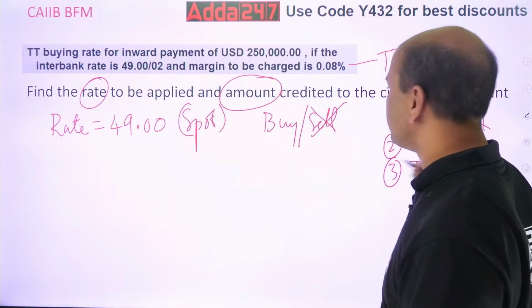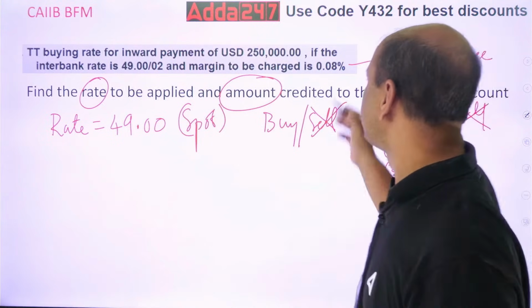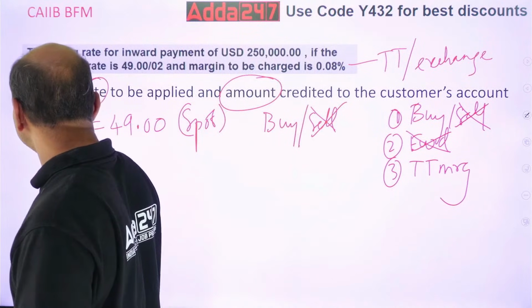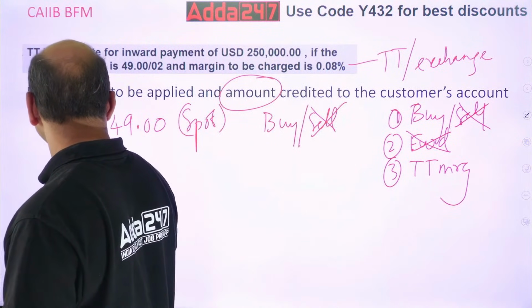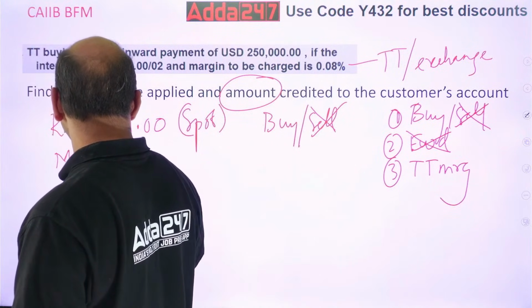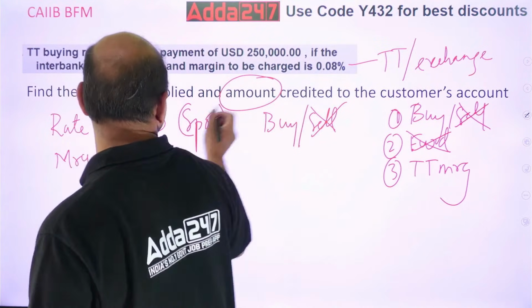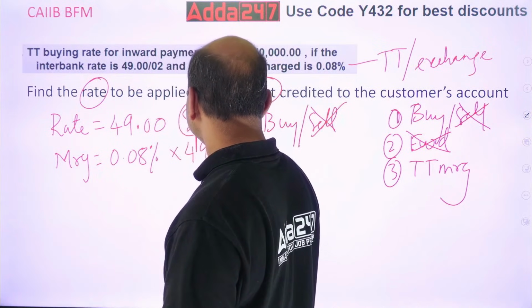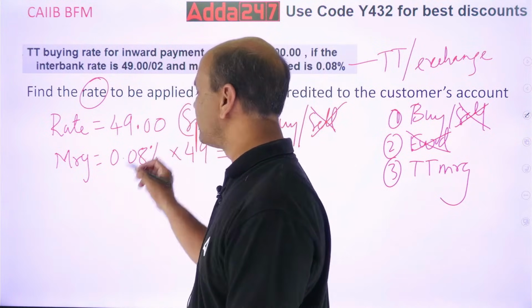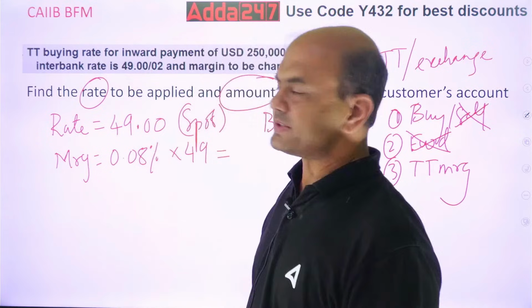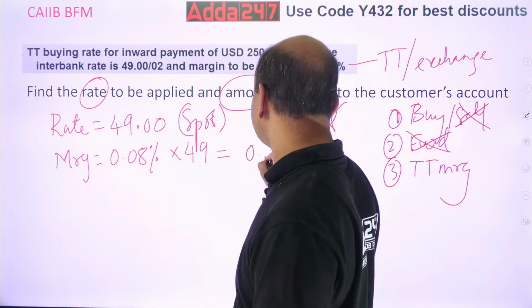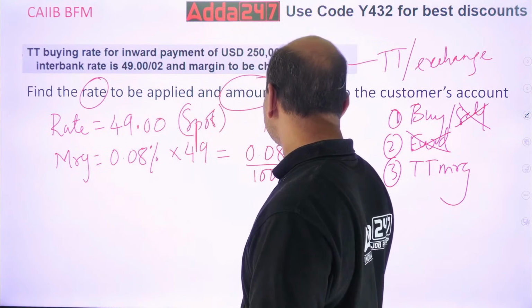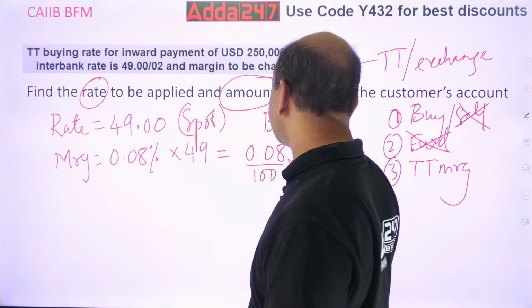Now TT margin. TT margin is there. 0.08. So margin equals 0.08% into 49. Percent means divided by 100. So 0.08 upon 100 into 49. So get the answer, everyone.